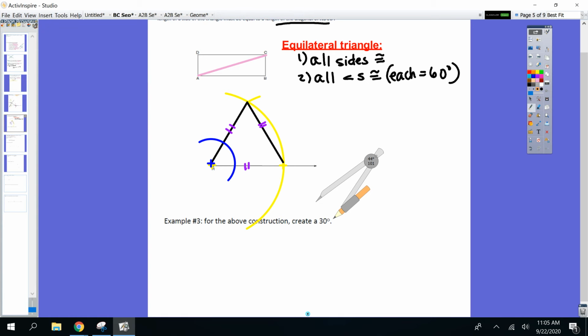Everyone got that arc you're bisecting? Okay, now go to one point of intersection on it and make a smaller arc out in front. And then go to the other point of intersection down below and do the same thing so those two intersect.